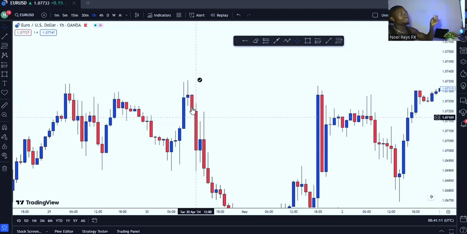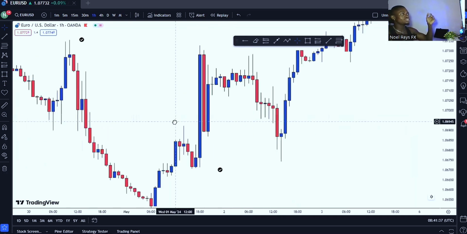When I say opposite bias, I mean if this is a bearish candle and this is selling impulsively to the downside, you know this is bearish. Where you should start marking your zone from is this blue candle, where the opposite is starting from. This is bullish, and this is where it stops before this impulsive move to the downside. So you start marking from the last candle of the opposite bias.